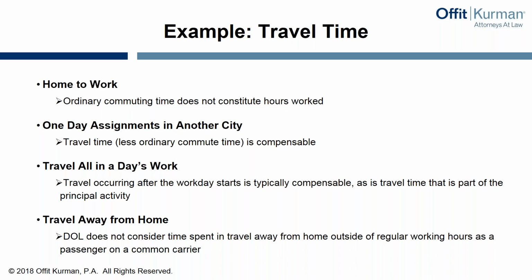In contrast, if the employees were permitted to just go to the first job site and drive their own cars behind the company truck from site to site, or to the one job site for the day, then for those employees that would fall as home to work commute time and would not be compensable.